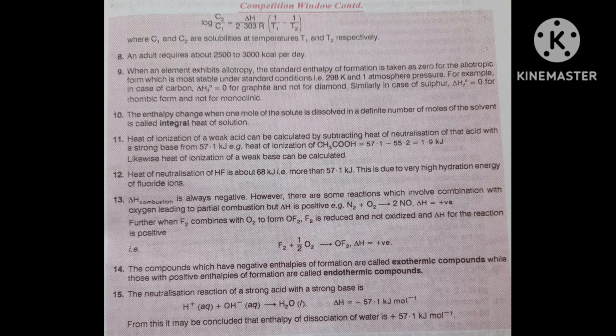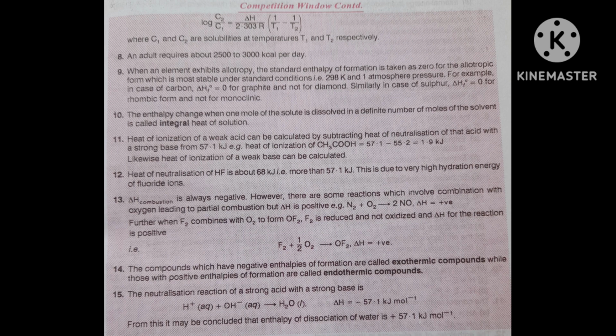For graphite it is 0, and not for diamond. Both are allotropes, but for diamond it is not 0. You remember, only for graphite it is 0.